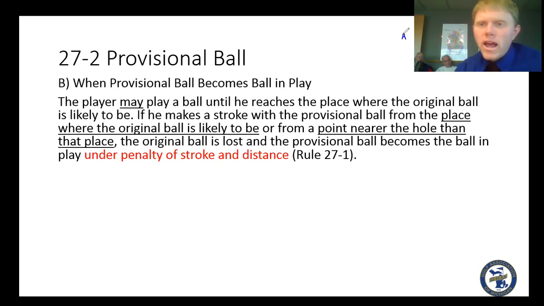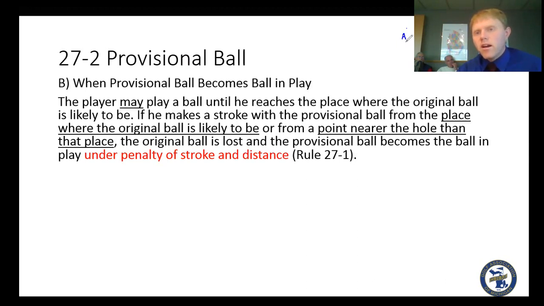All right, so point A is where we're starting, right? The player hits their first ball to point B, and then they hit their second ball, which is a provisional ball, from point A. As Craig was saying earlier, the player can play that provisional ball from point A. They can hit it to the green.